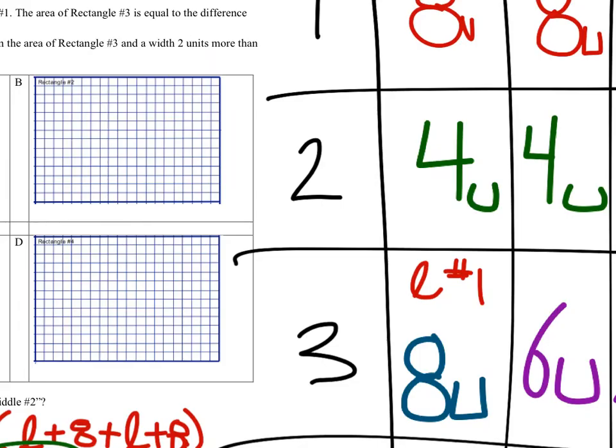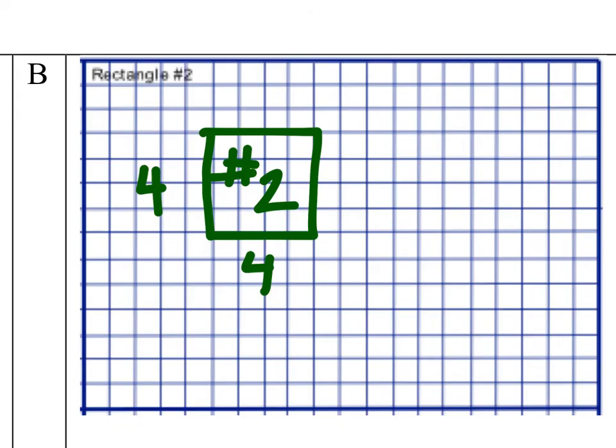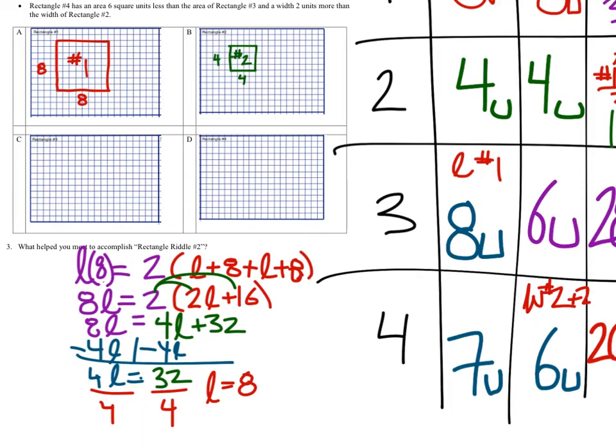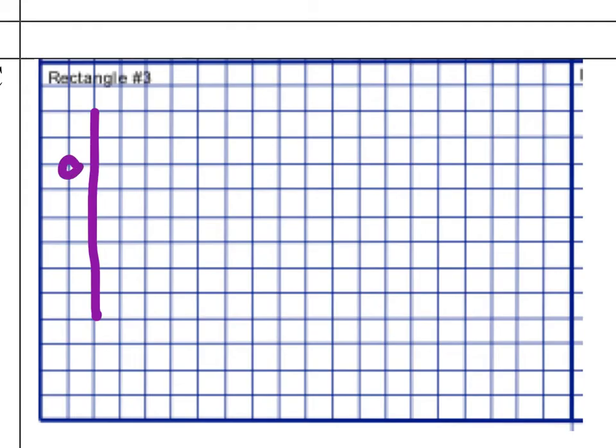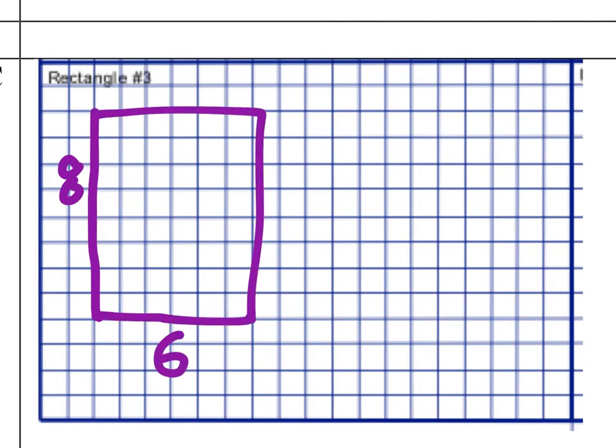Rectangle 2 is a 4 by 4 square also, so let's go ahead and draw that in. Bam, there we go. Rectangle 3 is an 8 by 6, so let's draw that in. So there's an 8 right there, and by 6, 3, 6. We'll just finish off this rectangle as number 3.